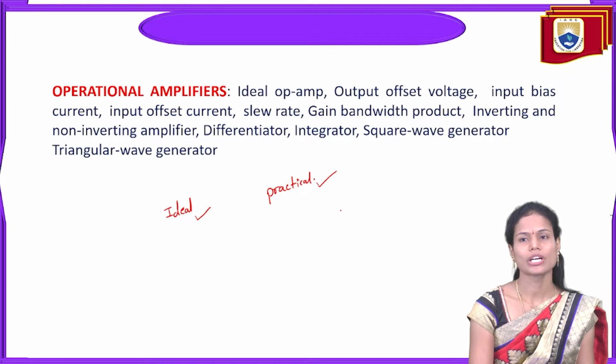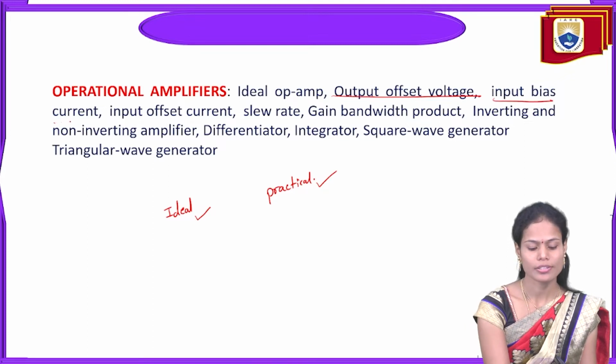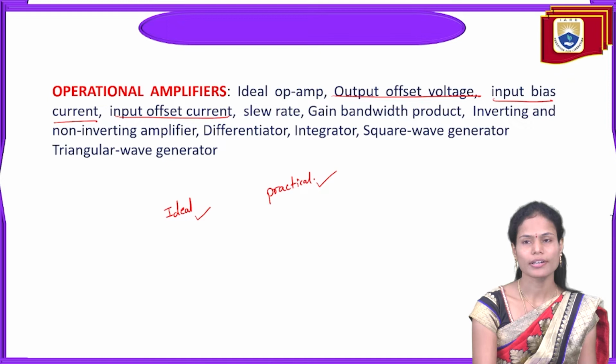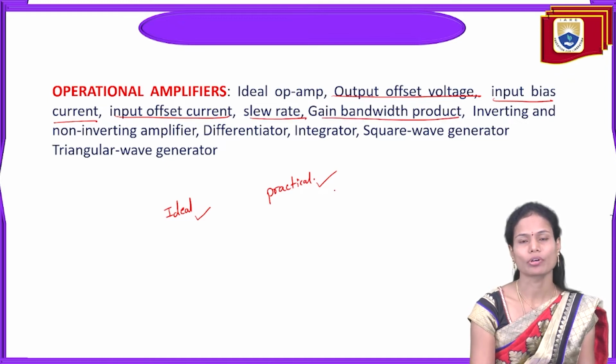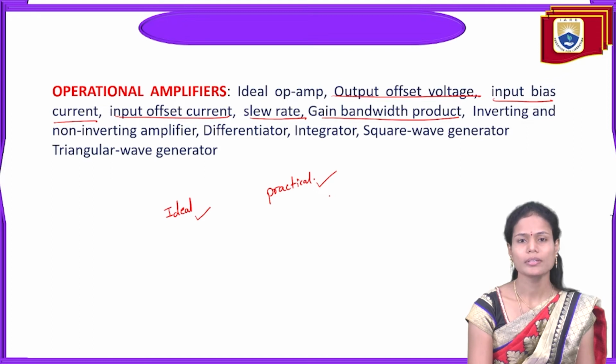The characteristics of the operational amplifier are output offset voltage, input bias current, input offset current, slew rate, and gain bandwidth product.